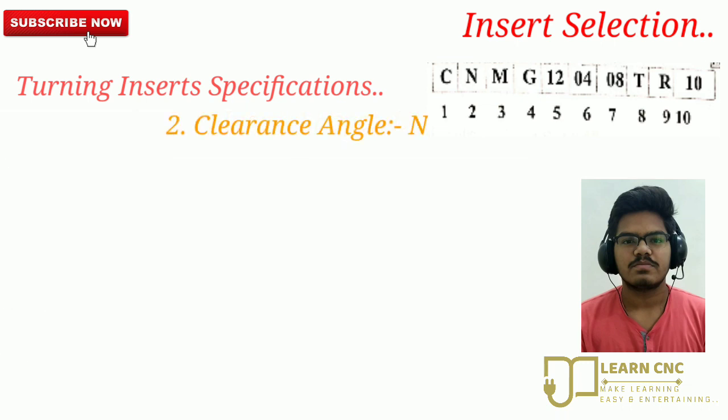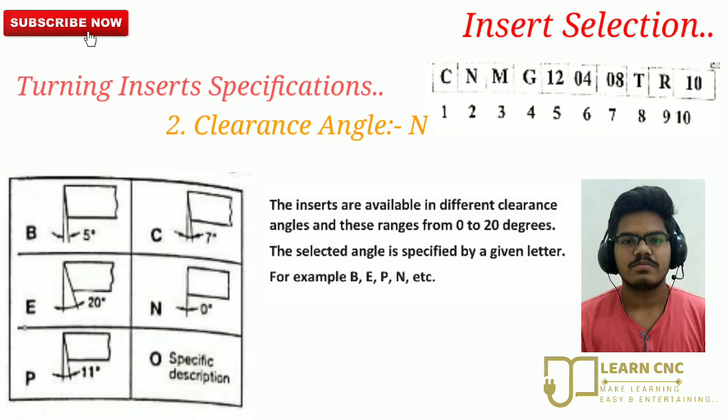The second one is clearance angle. The inserts are available in different clearance angles. These angles are from 0 to 20 degrees. The clearance angle is chosen according to the material to be cut. The selected clearance angle is specified by a given letter.